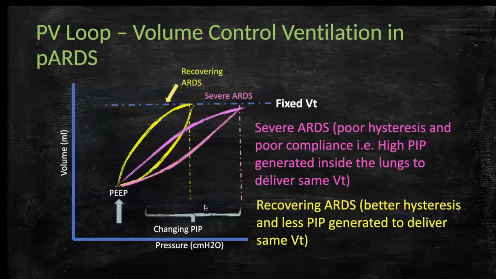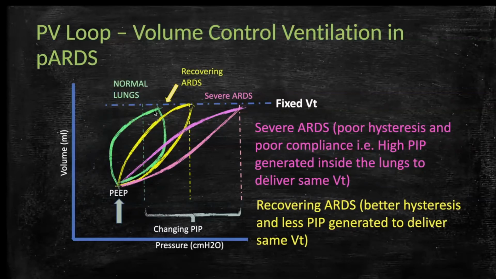So the angle is improving, and this is a much better normal lung. So as the lung compliance improves, you will see the angle changing away from the x-axis, and you can also see the pressures reducing. Initially it was high pressure, and the pressure is reducing as the compliance is improving. This is in volume control mode.